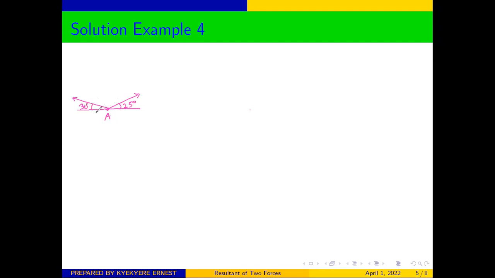And then we are asked to find the magnitude of M if the resultant is vertical. So if the resultant is to be vertical, it means that our resultant is going to be straight up on the y-axis, like this. This is going to be our resultant. So let us try and then complete this diagram to form our parallelogram as we always do.